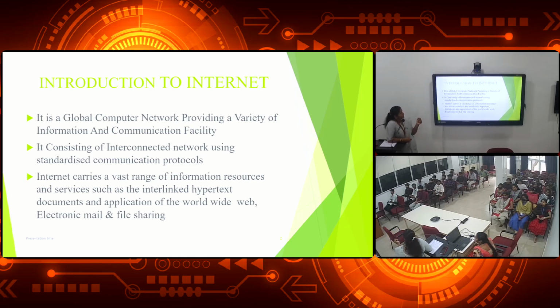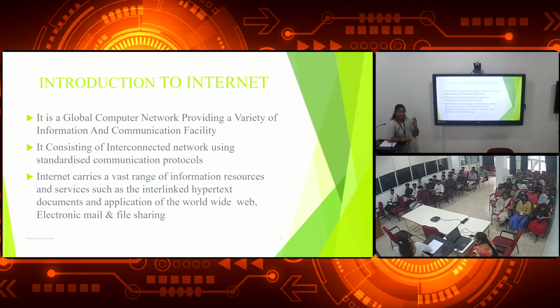The second one, it consists of interconnected networks using standardized communication protocols. With the help of this, how we are using the internet now, we see only the front end of the internet. Many things are working at the back side of the internet.